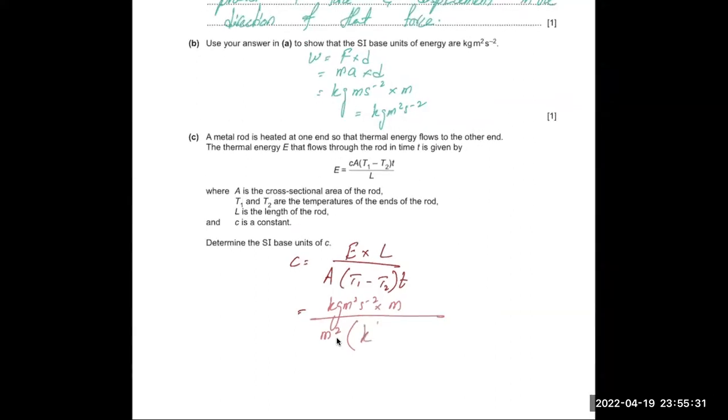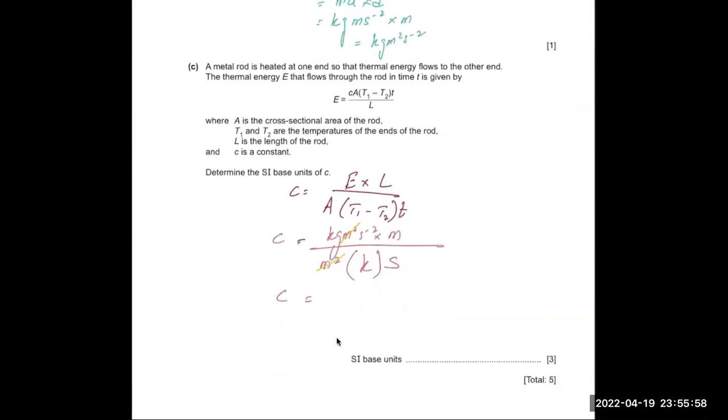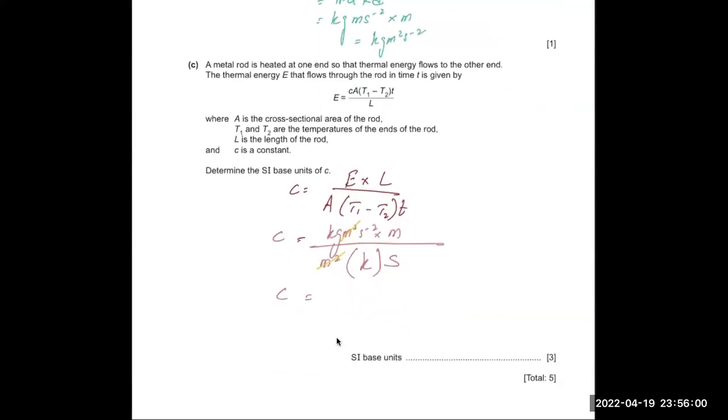So you get Kelvin over here times t, a lowercase t, which is time, so second. Simplify and get the units for C. Meter squared here cancels out with meter squared in the denominator. Then you need to shift everything to the numerator and simplify.